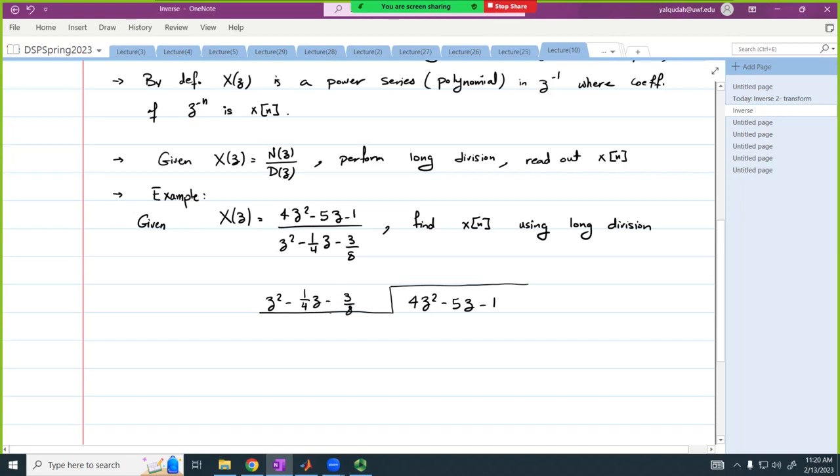So when you use the long division, if the sequence is right-sided, we're going to have the coefficient with the highest order at the beginning. So we're going to have this in descending order. Make sense? So especially on an exam or a homework, you have to have them such that this is the highest order in the polynomial, and in descending order.